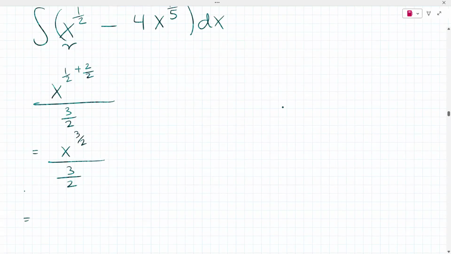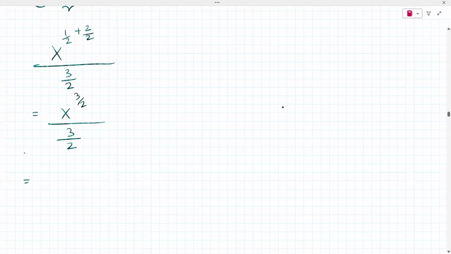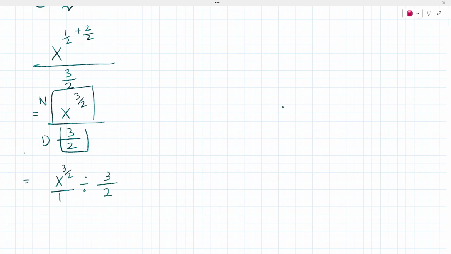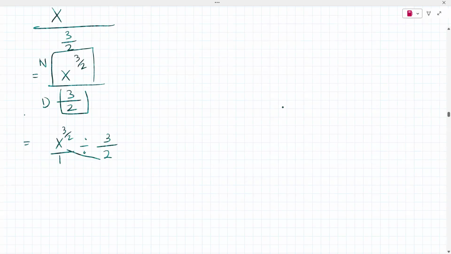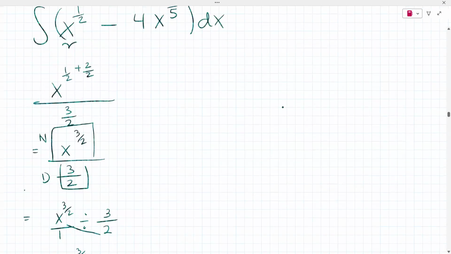If you want, you can rewrite this: x to the 3/2 is your numerator, 3 over 2 is your denominator. So you can rewrite this as x to the 3/2 over 1 divided by 3 over 2. And then you may cross multiply. So 2 times x is 2x to the 3/2, and then 1 times 3 is 3. Okay, so that's how I simplify that complex fraction.